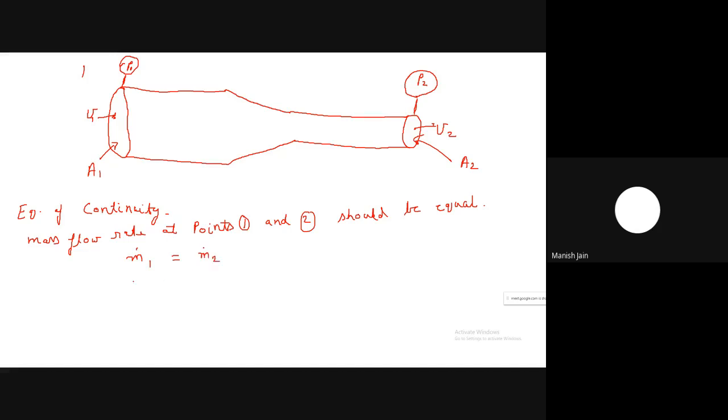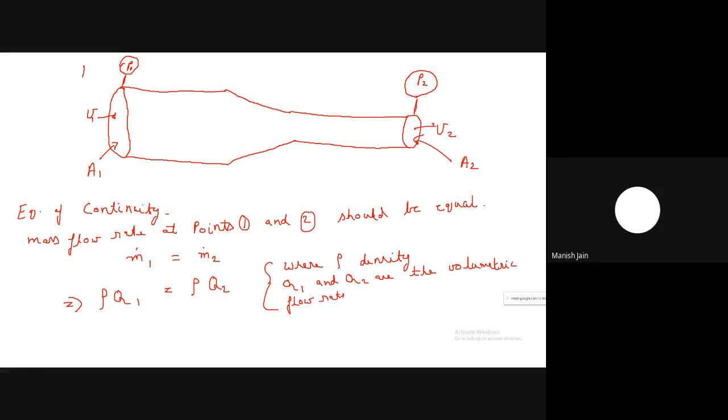And what is the value of m1? m1 can be written as density multiplied by volumetric flow rate Q1, and m2 as density rho multiplied by volumetric flow rate Q2, where rho is density, which is constant, and Q1 and Q2 are the volumetric flow rates at points 1 and 2 respectively.